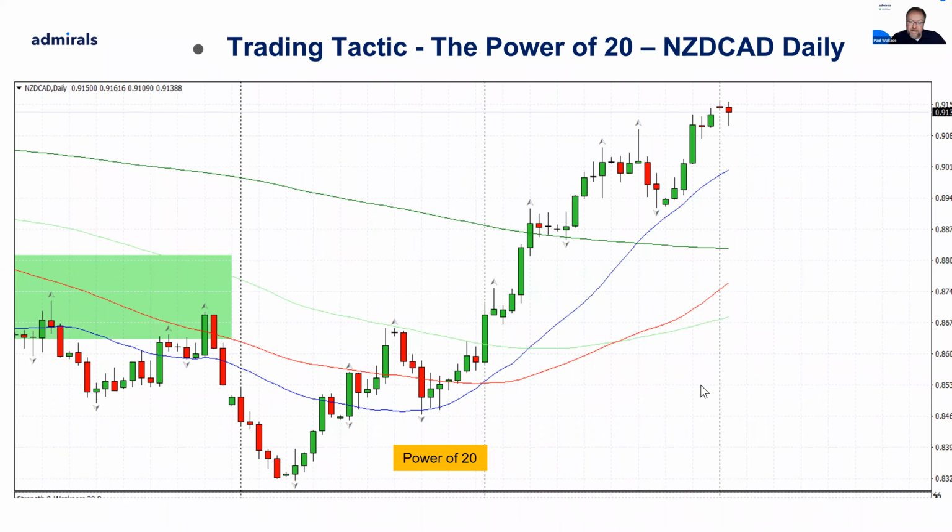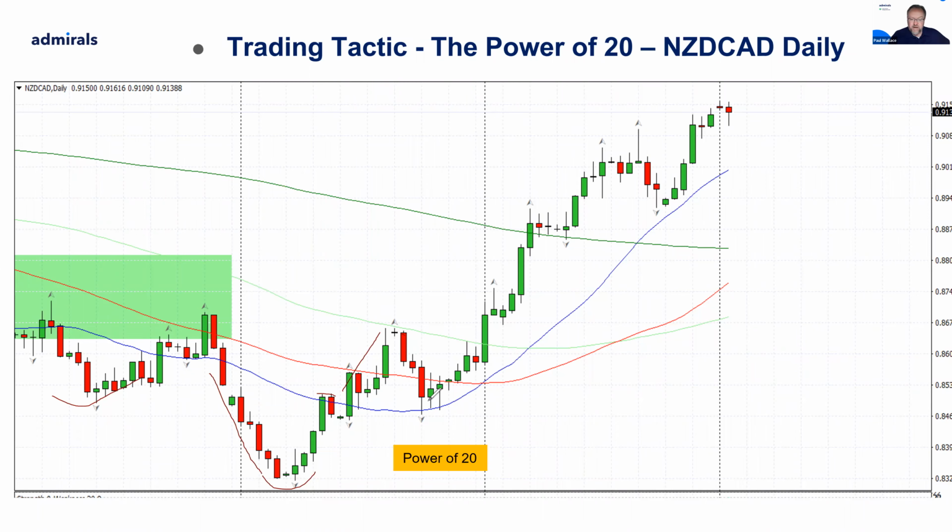Here we go, Kiwi dollar against Canadian dollar. As I said, I tried to show lots of different examples and different time frames of different asset classes, just to give you an idea and understanding that these occur across the board. The price was dropping down, and it's looking like maybe a head and shoulders is building. Price gets above the 20 and we drift our way up.